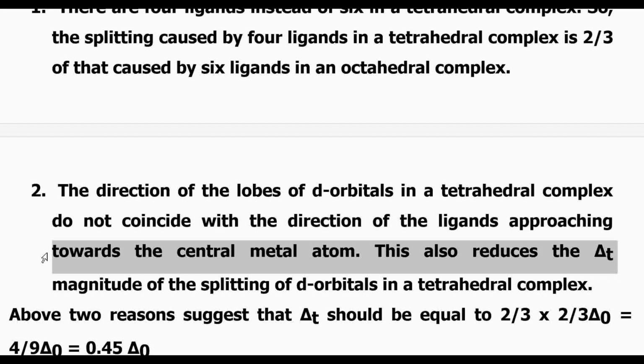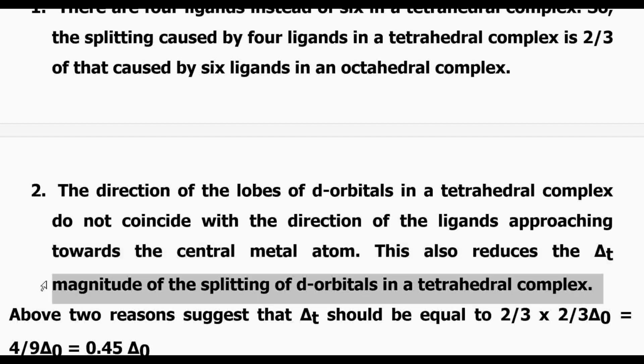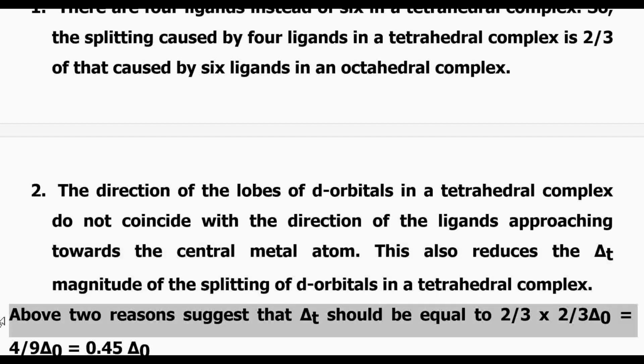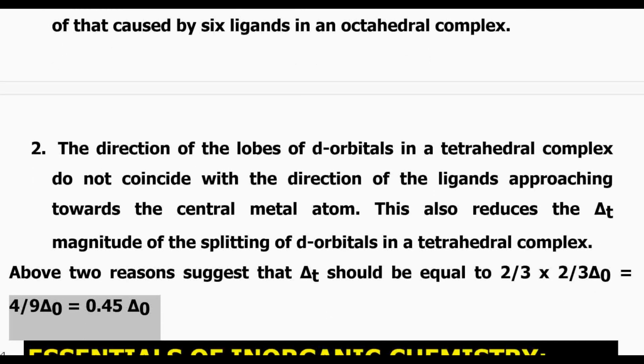Whereas when you see the octahedral ligand field, the lobes are exactly on the axis and the ligands are exactly approaching through the axis, and therefore this splitting delta T will be slightly less. So the above two reasons suggest that delta T should be equal to 2/3 multiplied by 2/3 delta O, that is equal to 4/9 delta O, that is approximately 0.5 delta O.